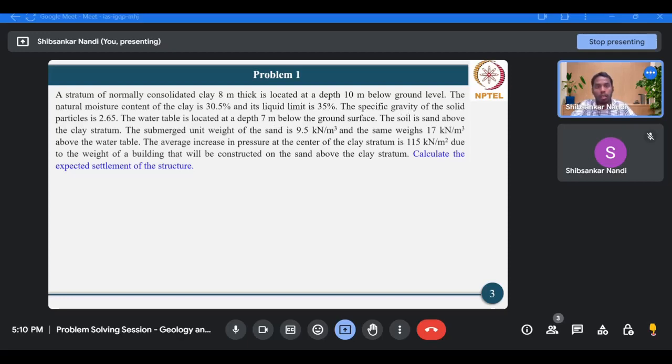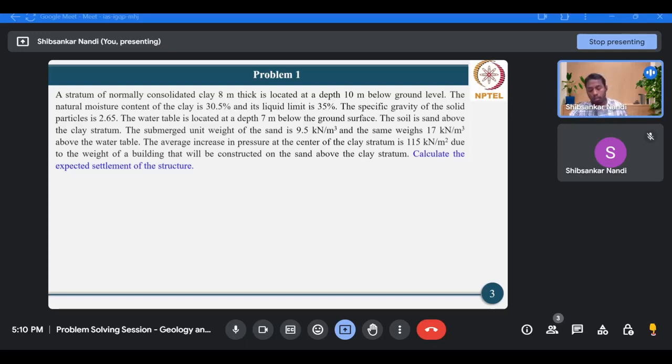The soil is sand above the clay stratum. The submerged unit weight of the sand is 9.5 kilonewton per meter cube and the same weighs 17 kilonewton per meter cube above the water table. The average increase in pressure at the center of the clay stratum is 115 kilonewton per meter square due to the weight of a building that will be constructed on the sand above the clay stratum. Calculate the expected settlement of the structure.